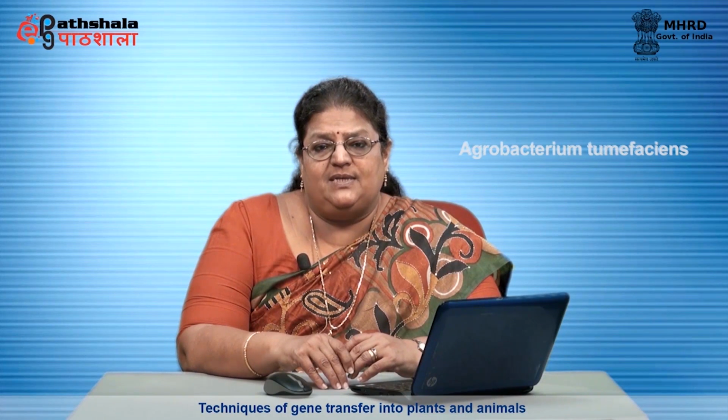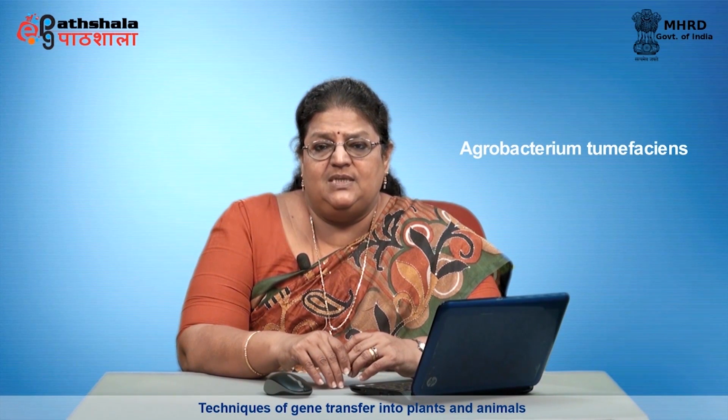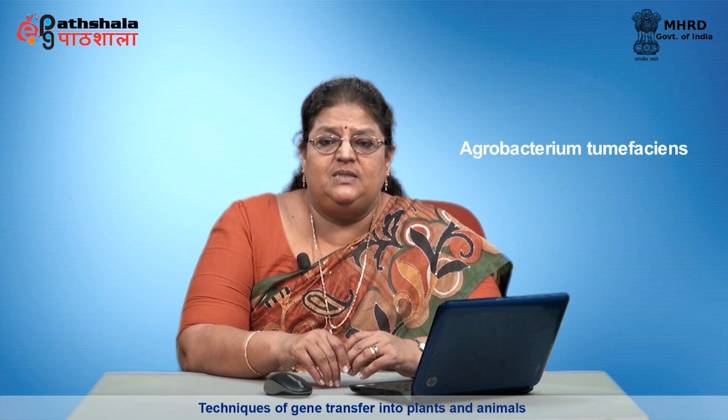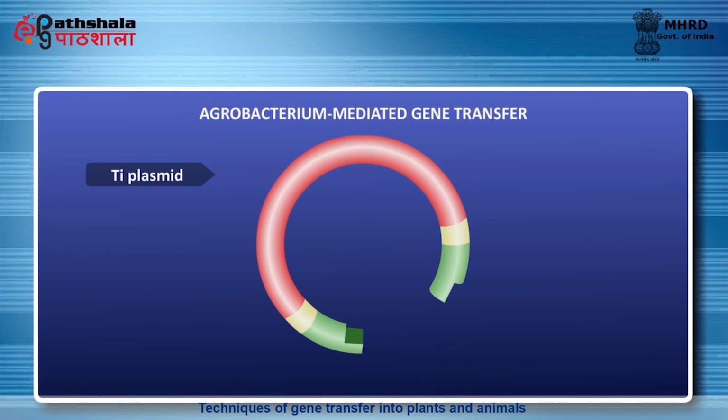Agrobacterium tumefaciens is a soil bacterium that causes a tumor like growth called crown gall in the plants. This is the result of the transfer of a plasmid from the bacterium, and this plasmid is called the Ti or tumor inducing plasmid. The DNA in this plasmid contains a portion called the tDNA.